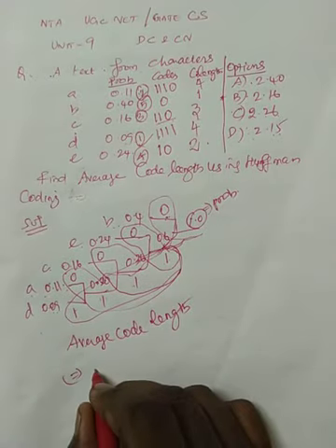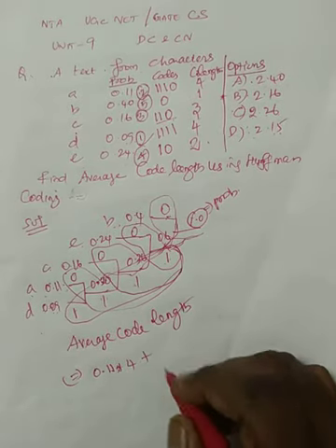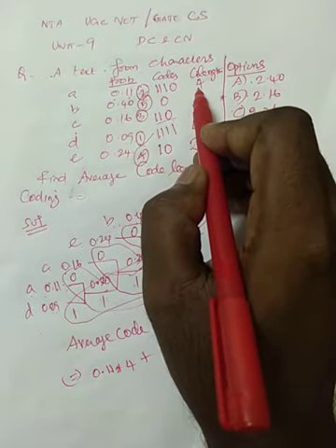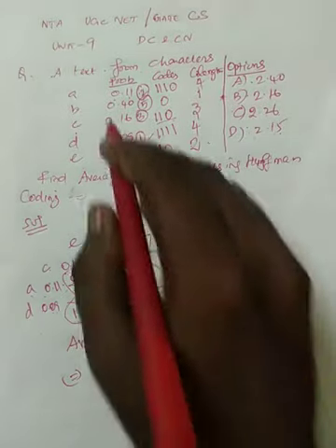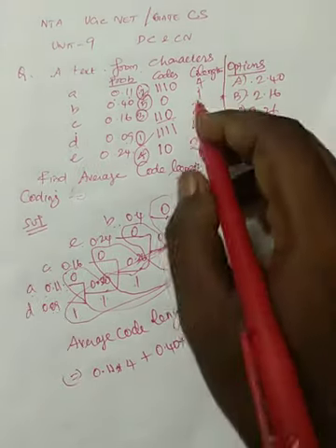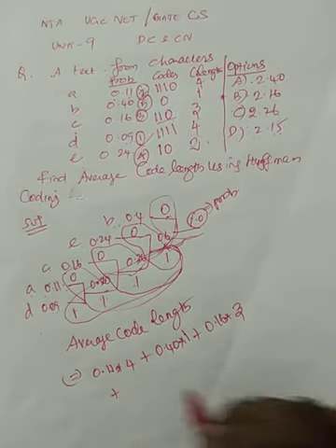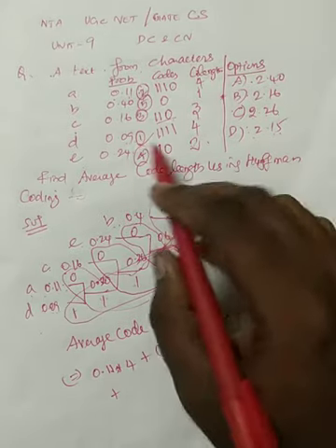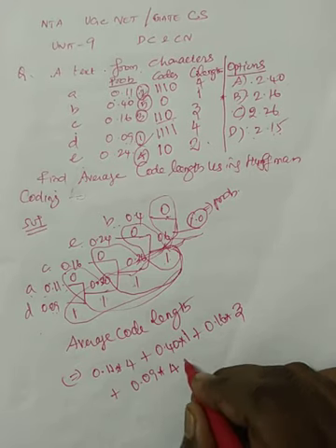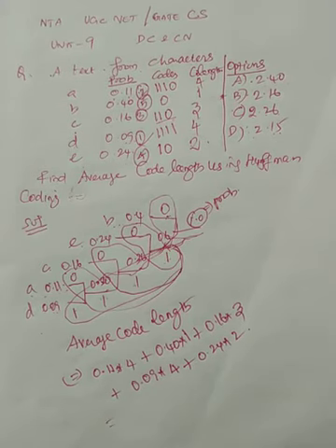So 0.11 into 4, where 0.11 is the probability for A and its code length is 4, plus 0.40 into 1, plus 0.16 into 3, plus 0.09 into 4, plus 0.24 into 2. You add up all those things.